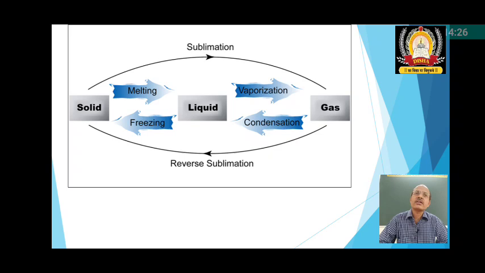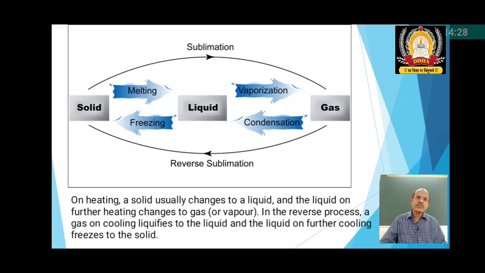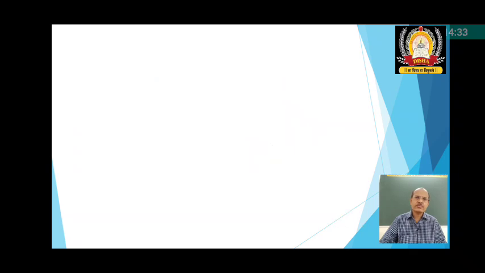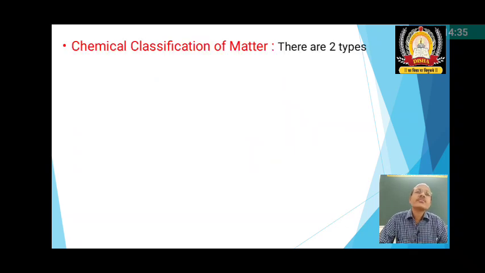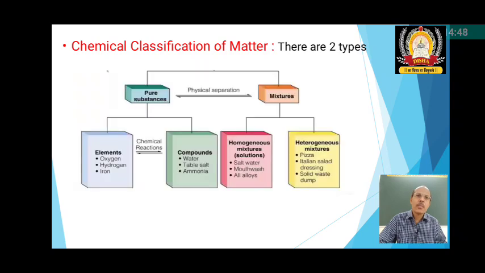So this is about the next slide. Now, this is already explained to you. Now we will see about chemical classification of matter. Broadly speaking, there are two types.